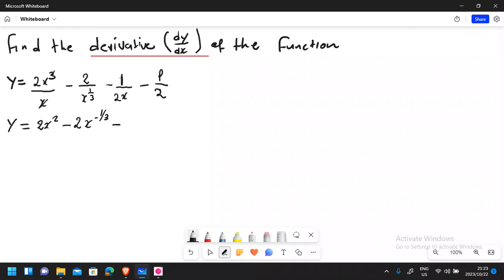So it's going to be x to the power of -1 divided by 2. Remember guys, you leave the 2 alone. It's not part of x, so we don't need to take it up there. And then minus this one, we leave it like that because we do not have x here. So this is more like our constant. You don't do anything here because there's no x on this term.